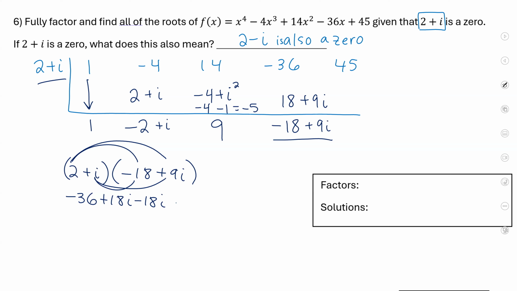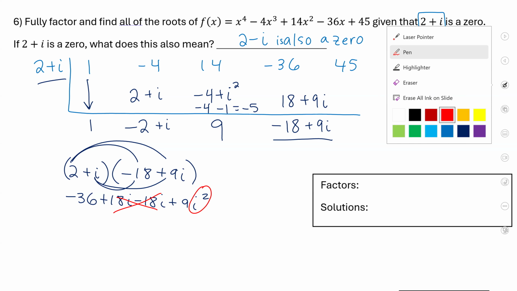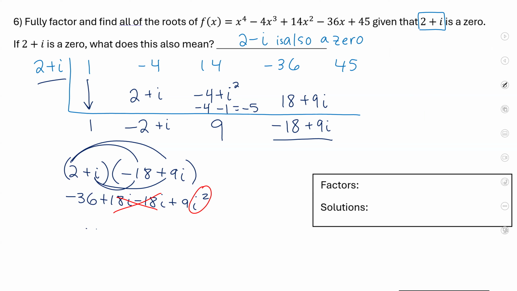And this is plus 9i squared. The middle cancels out. And remember, i squared is negative 1. So that means this is negative 36 minus 9, which is negative 45. So I'm going to put that right here, negative 45. And then we add, and we get no remainder.